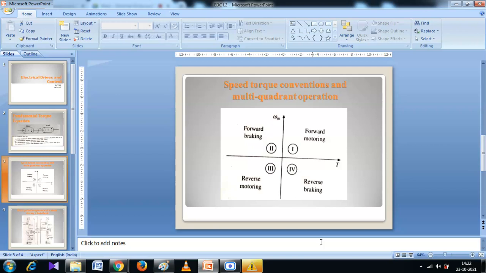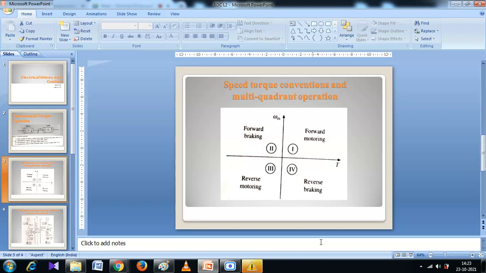Ritesh, can you tell me what are the multi-quadrant operations of a motor? Do you know that? Yes, sir. Forward motoring, forward braking, reverse motoring, and reverse braking. These are the four quadrant operations of a motor.